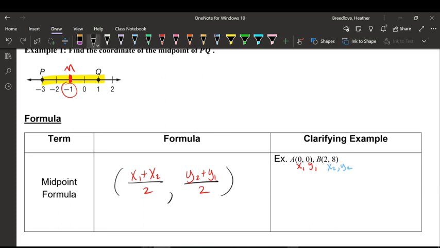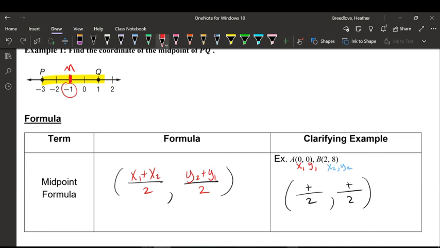All right, so now I'm going to use my formula. This part doesn't change. I always go in with the stuff that doesn't change, and then I fill in the blanks of everything that does change. I know I'm going to do the x's separate from the y's.